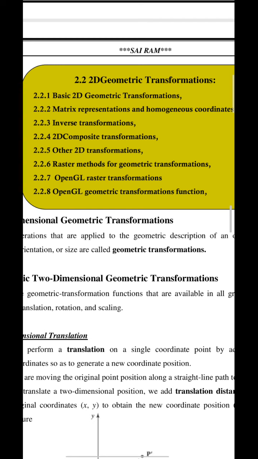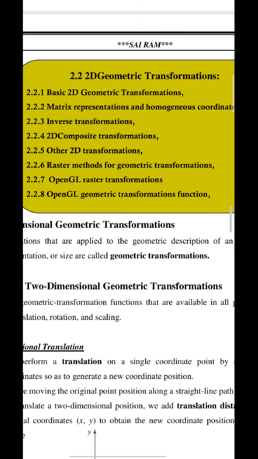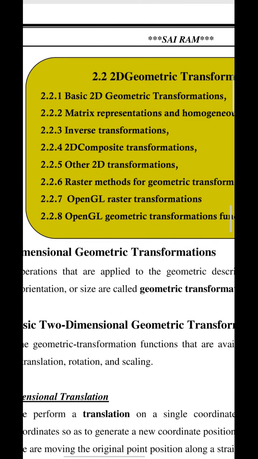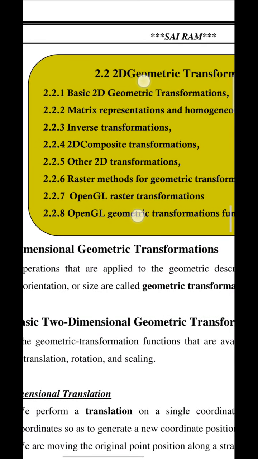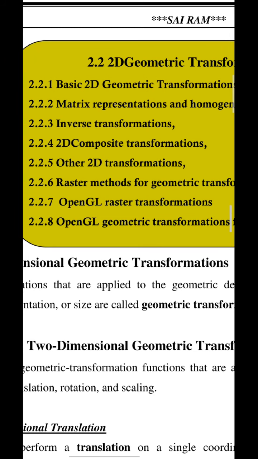Very important topic. Basically there are three types of geometric transformations available: translation, rotation, as well as scaling. Here are the points, the objectives we are going to discuss with respect to geometric transformation. Hope it is visible. First is basic 2D geometric transformation, then matrix representation in homogeneous coordinate system, then the inverse transformation, then 2D composite transformation, that is a set of transformations one after the other, then other forms of 2D transformation.